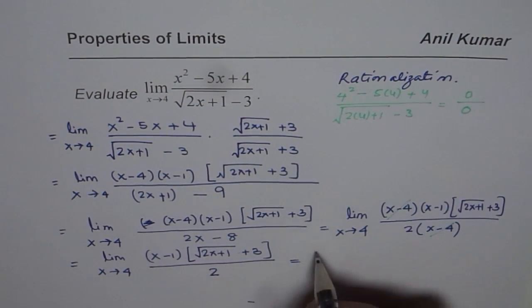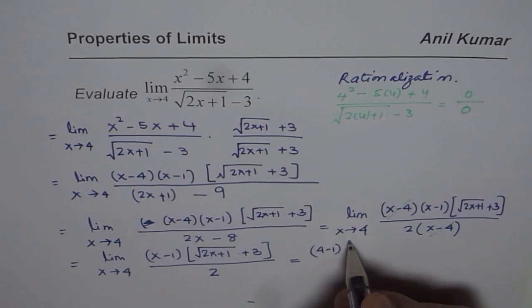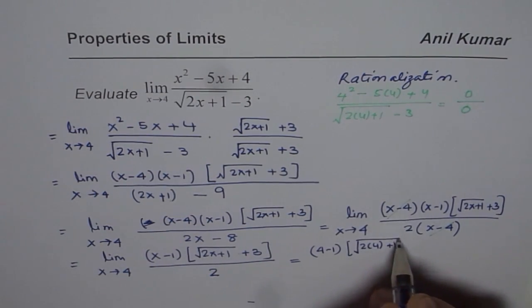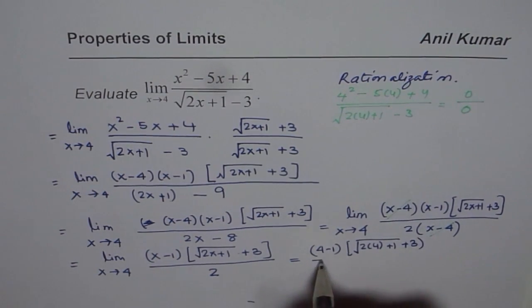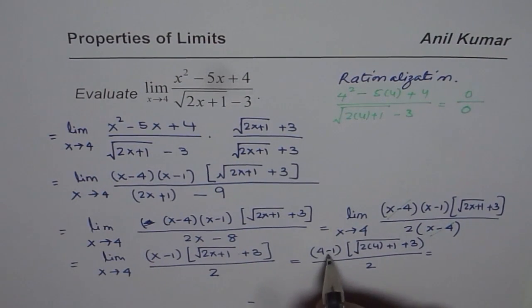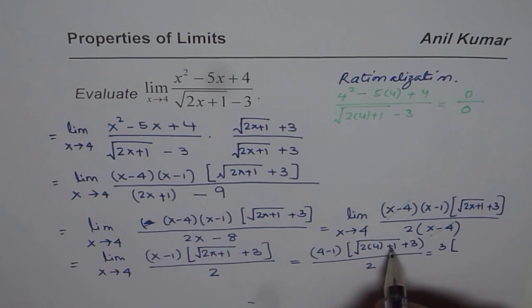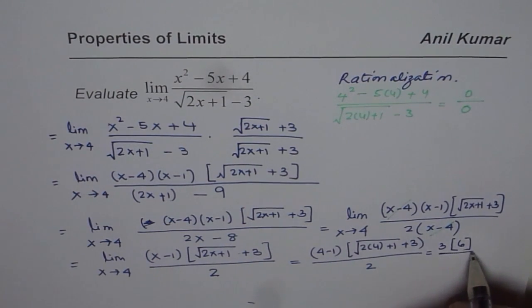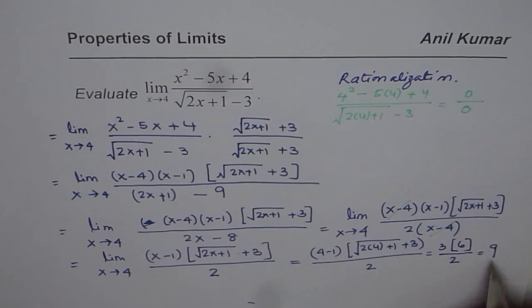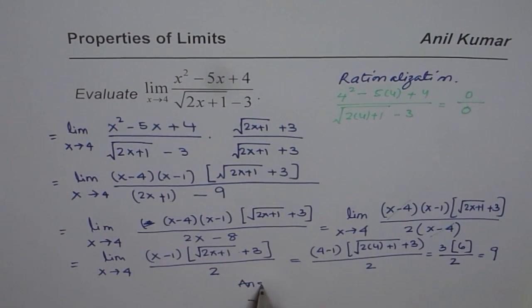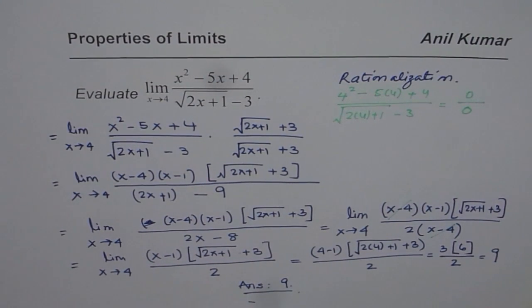So when you substitute 4, you get 4 minus 1 times square root of 2 times 4 plus 1, plus 3, divided by 2. 4 minus 1 is 3, times 2 times 4 is 8, 8 plus 1 is 9, 9 square root is 3, 3 plus 3 is 6, divided by 2, and that is 3 times 3, 9. Therefore we get our answer as 9, right? So that is the limit of the given function.